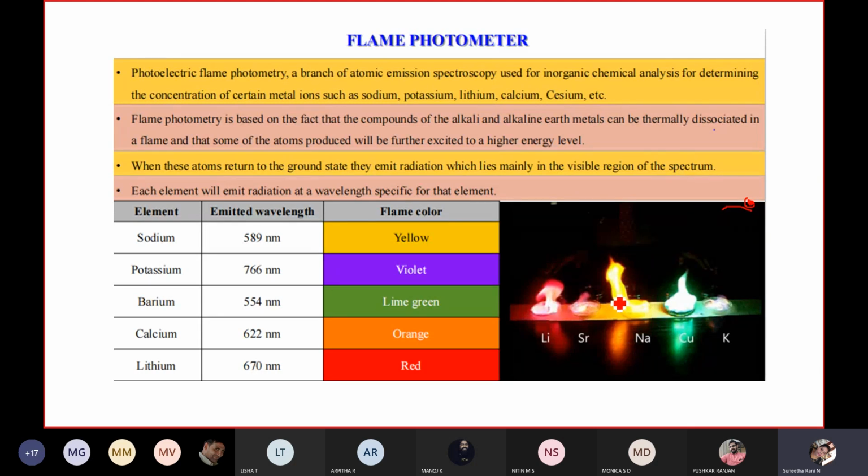You will get different colors of flames, right? You did this in your PUC plus 2 level. Do you remember? Apple green flame, crimson red, strontium. Have you done it or not?